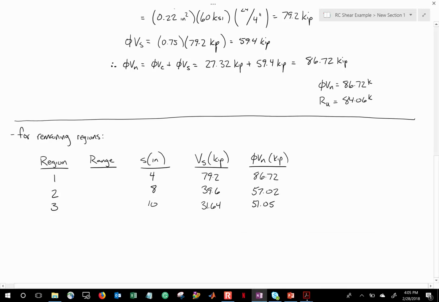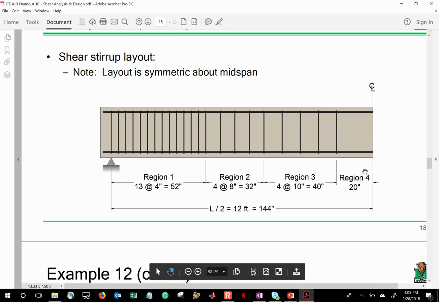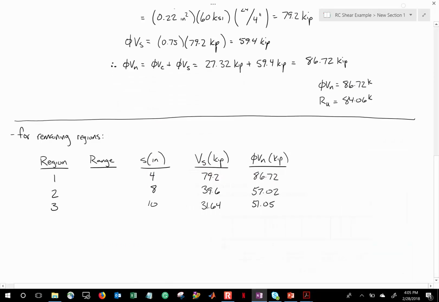Now what's going on in region 4? Well, in region 4, there actually are no stirrups at all. So it doesn't really matter what you put for stirrup spacing. There are none. If there are no stirrups, then the steel capacity in shear is 0.